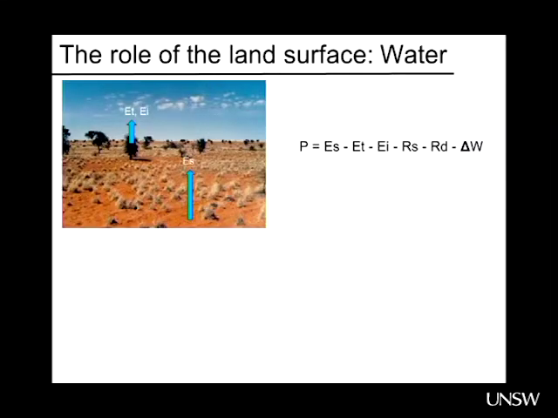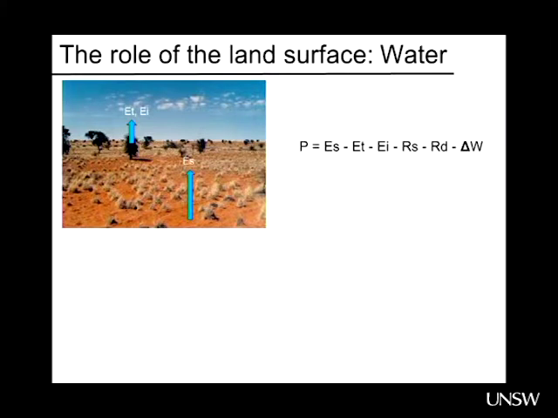Here's a nice semi-arid landscape with a few interesting terms. Rainfall must be balanced by evaporation from the soil, actually from moisture being vaporized at the skin of the soil and put into the atmosphere. By transpiration, that's water that comes from inside a leaf to outside a leaf.